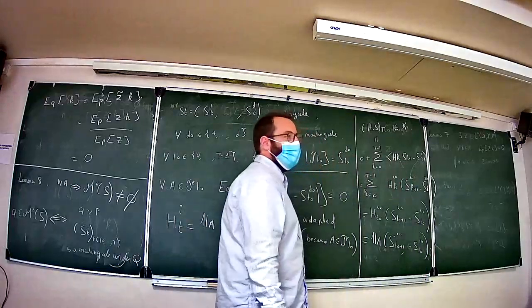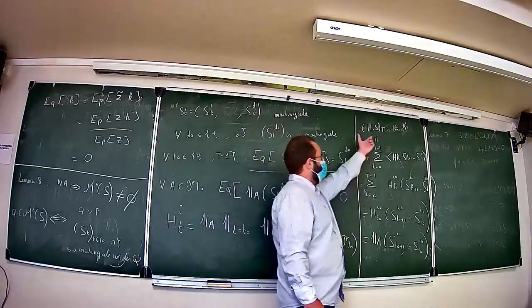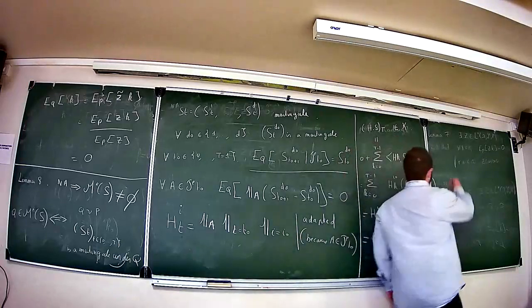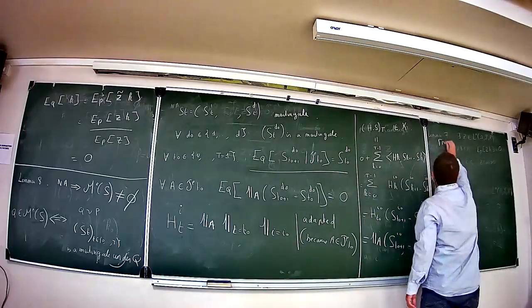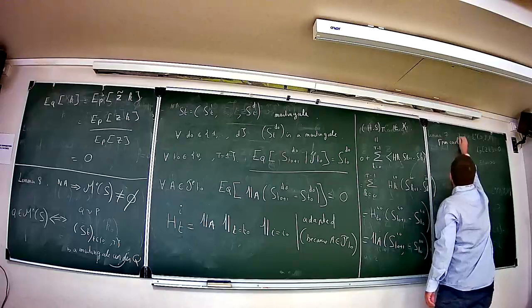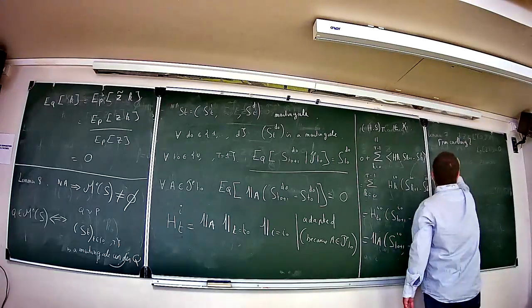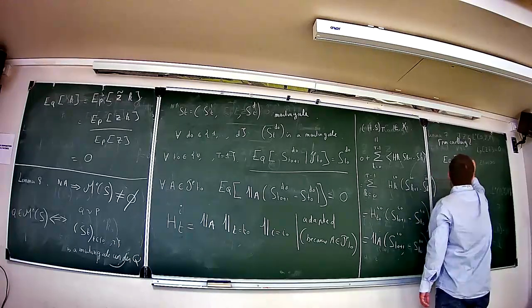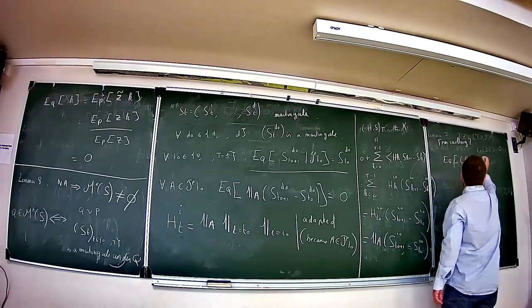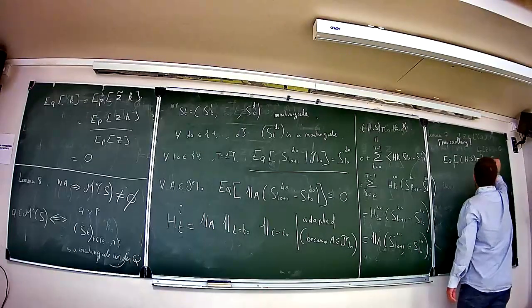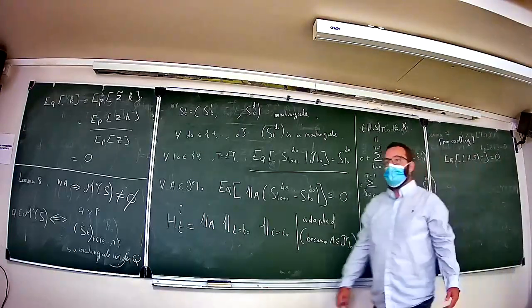And from corollary 2, I know that this one is in calligraphic K, so the expectation under Q of H S capital T is equal to 0. What is the meaning of this?